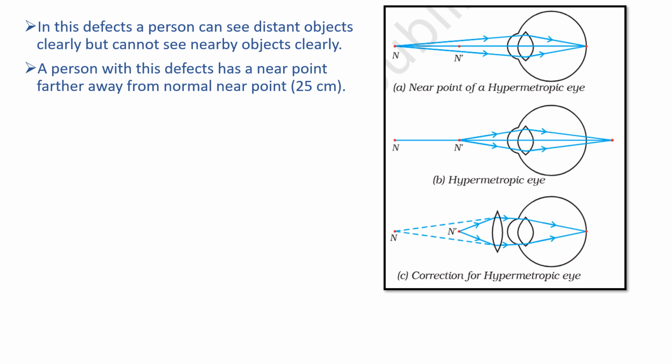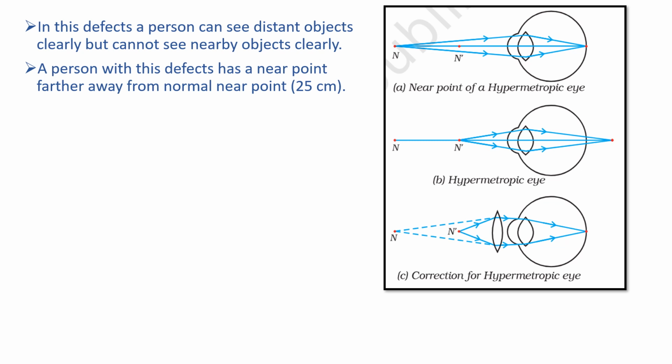So if any person cannot see farther objects clearly, they are suffering from myopia. But when we are talking about hypermetropia, it means the person can see far objects clearly, but they are unable to see near objects clearly.